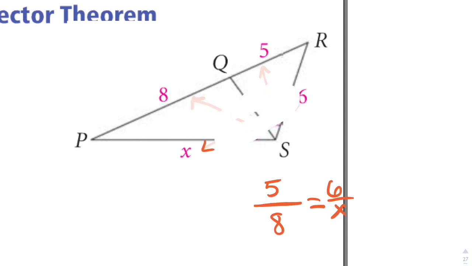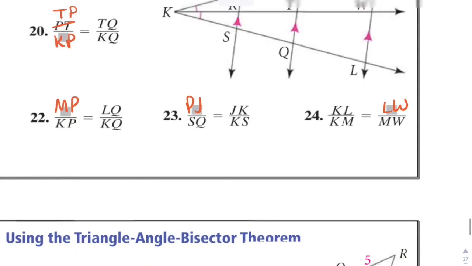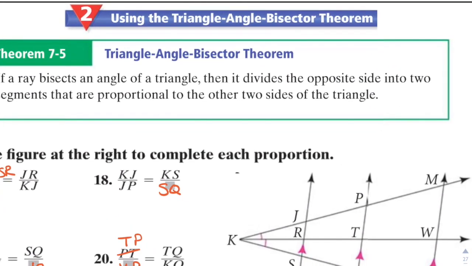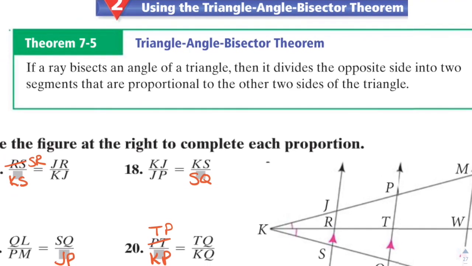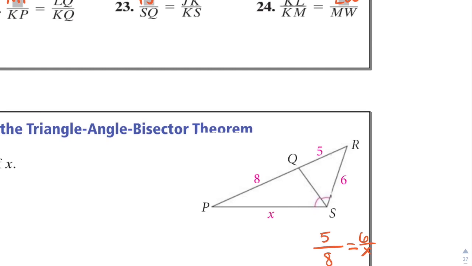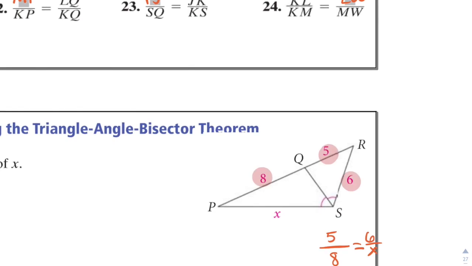And I always start by going across from that angle bisector. The angle bisector divides the opposite side into two segments that are proportional to the other two sides.